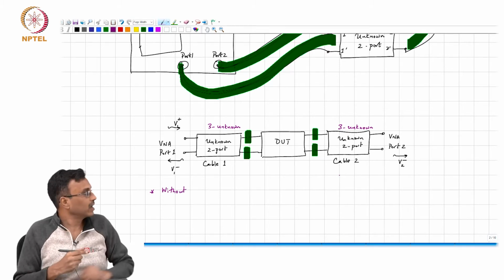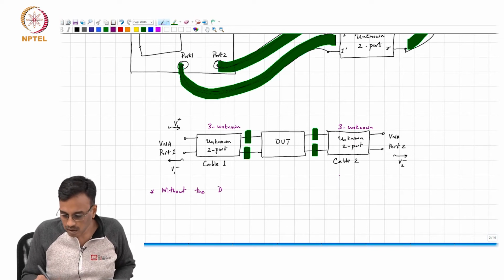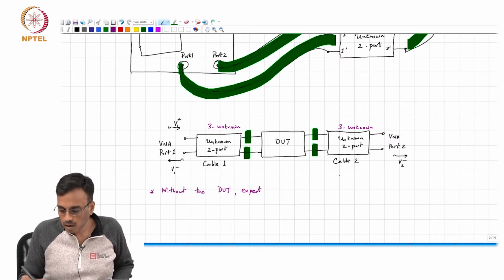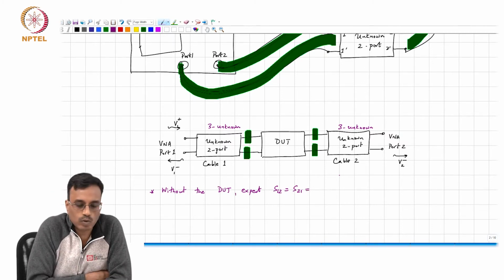Forget about calibrating cable 1 and cable 2. Let's say without the DUT, we should expect S12 and S21 must be equal, and what must you expect that measurement to yield?